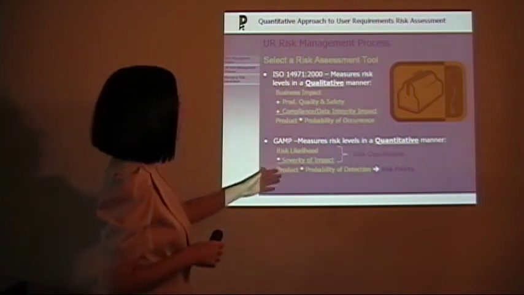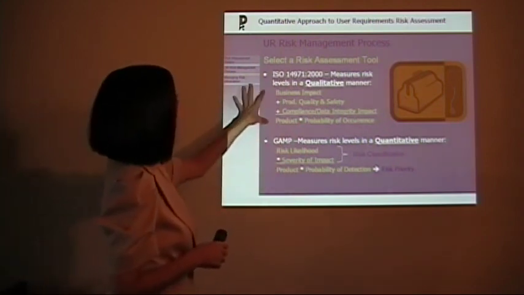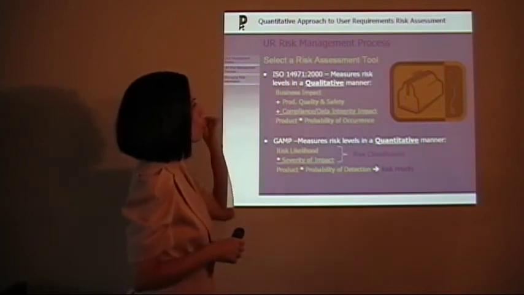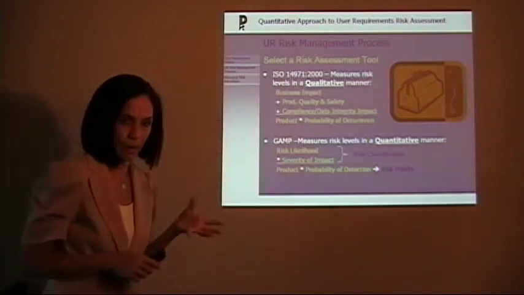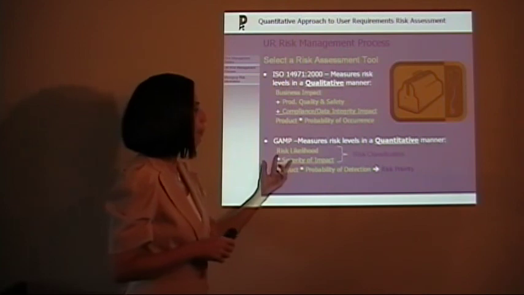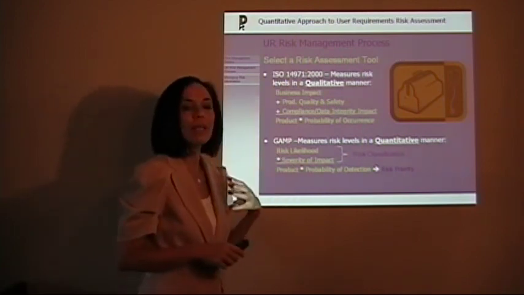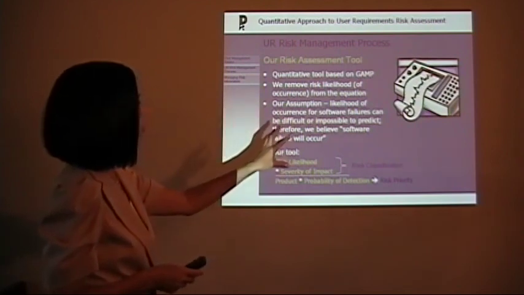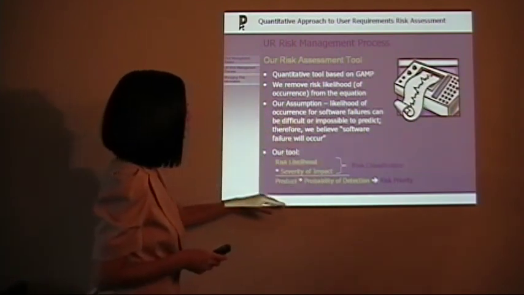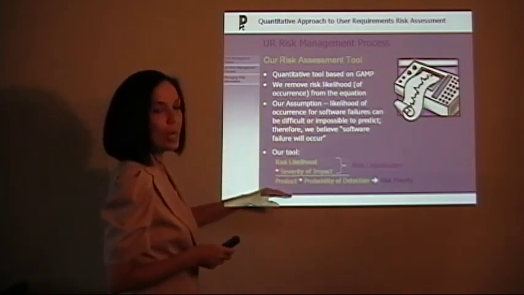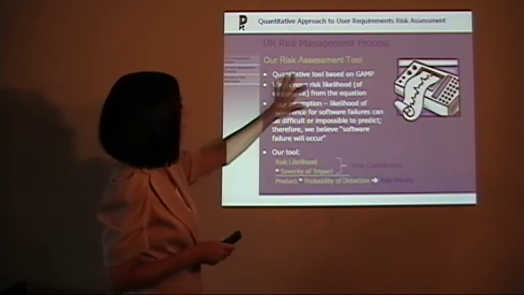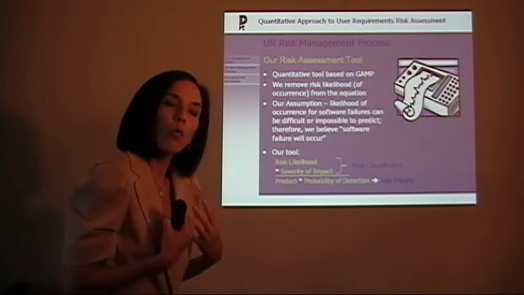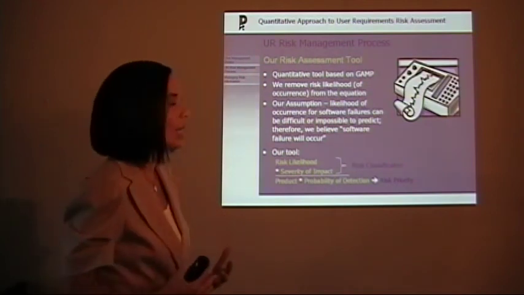The difference between these is that the ISO 14971 actually measures risk in a more qualitative manner, while GAMP measures risk levels in a quantitative manner. We actually like the GAMP version, and we are going to talk about a tool that we have developed ourselves based on GAMP, because we like to measure, so we want our risk assessment tool to be quantitative.